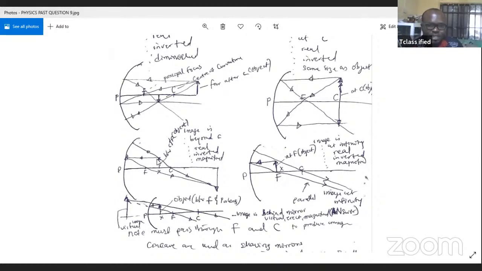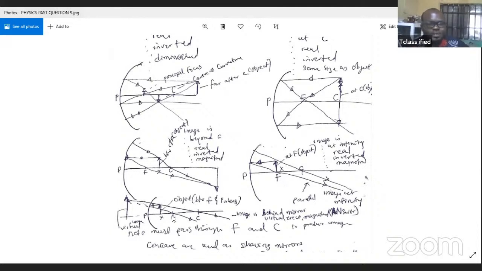It's far bigger than the object. Another case is where you place the object at the principal focus, F. In this case, the image is at infinity. You cannot even locate the image here. The image is real, inverted, and magnified.